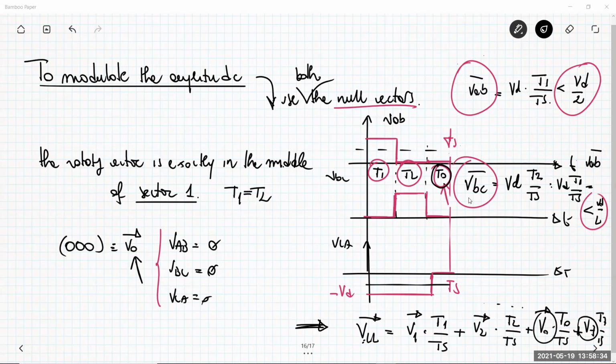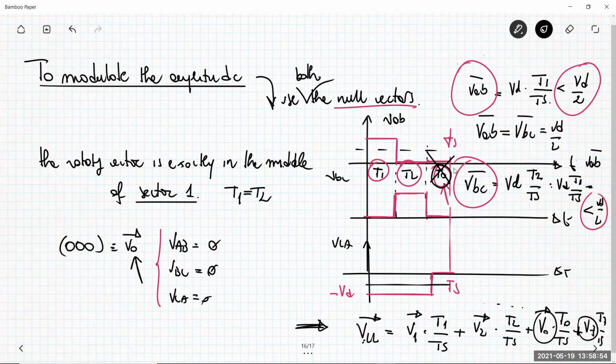For example, if T0 is not present, as in the previous example I gave you, the average values of VAB and VBC are VD over 2, which is the maximum possible.